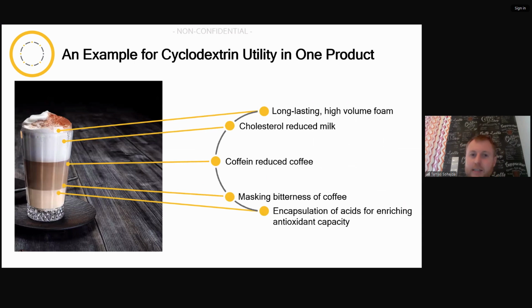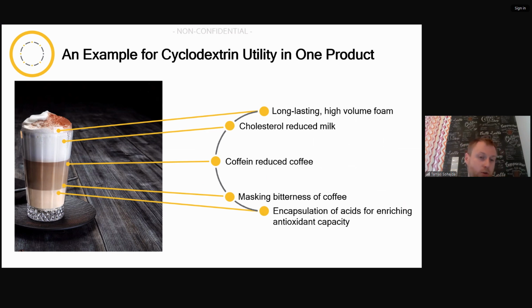This is again a nice example of how many different cyclodextrins can be used in one product. So you can see that cyclodextrins can be used to create a foam, as an emulsifier, to reduce cholesterol.